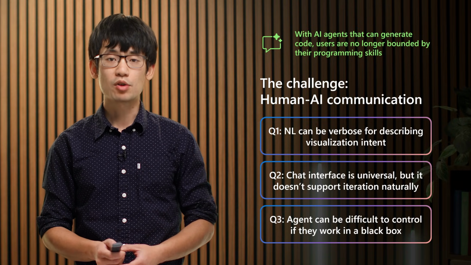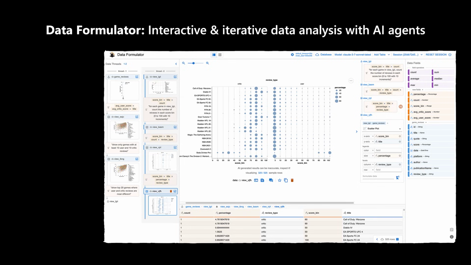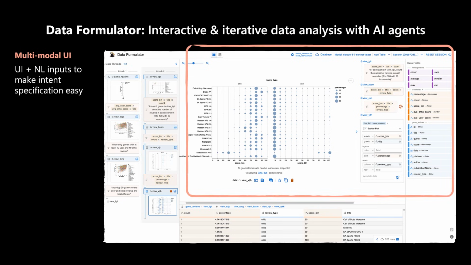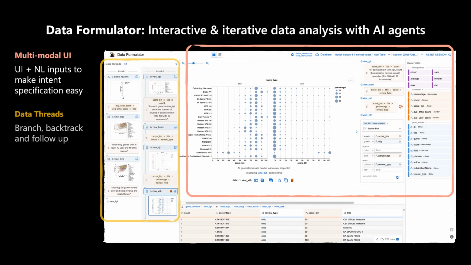In order to solve this problem, we introduced Data Formulator. It's an interactive data analysis tool for people to work with agents effectively to explore data. It first features a multimodal interaction. The multimodal UI combines UI interaction and natural language so that users can specify their design both precisely and concisely.